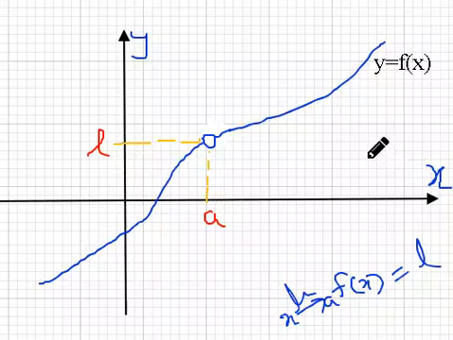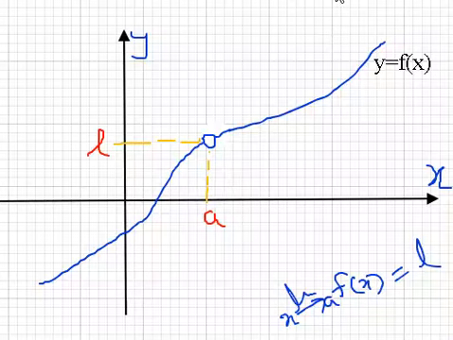I can say that if you get very close to L, the value of L, I can guarantee you that I'm able to find an interval around a. So if you are close enough to this limit L, I can guarantee you that I can find a range around this a.